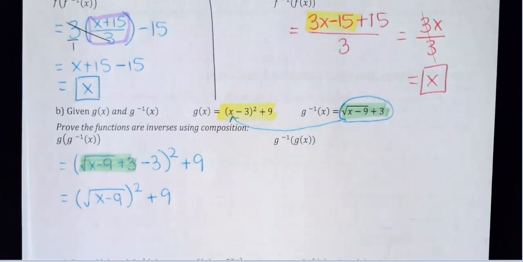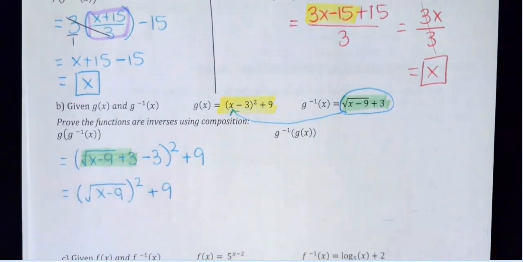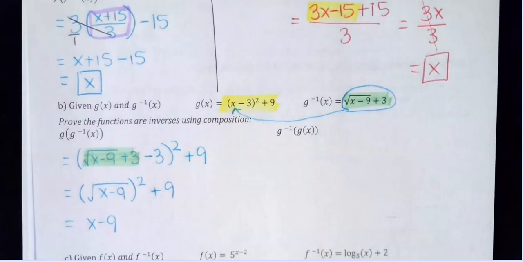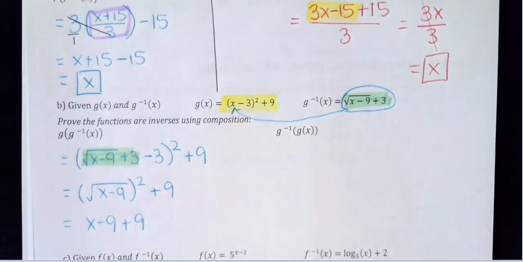What happens if I have this whole thing under a square root and I'm squaring that? What's that going to do? Yeah, these cancel each other out, but you still have the x minus 9. So the square root and the squared cancel each other out, but I would still have what was under the square root, which was the x minus 9. And then we had the plus 9 on the outside, and this is exactly what we want. Go ahead.